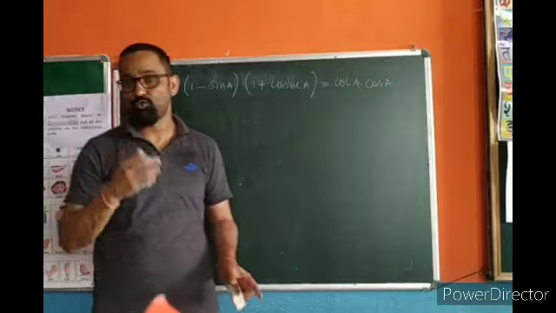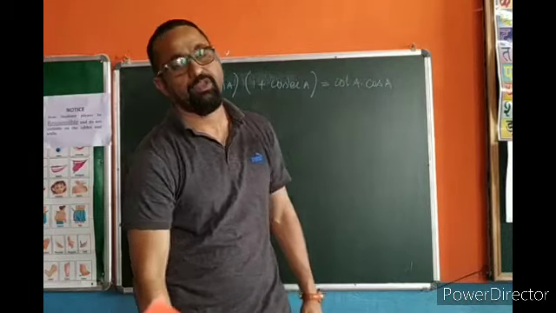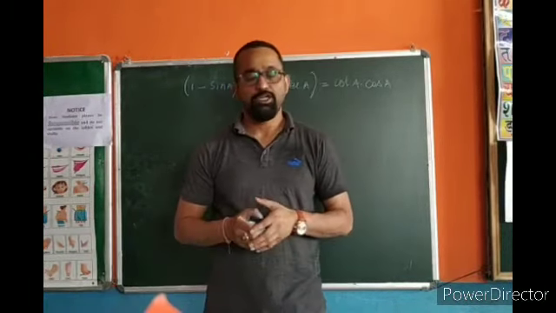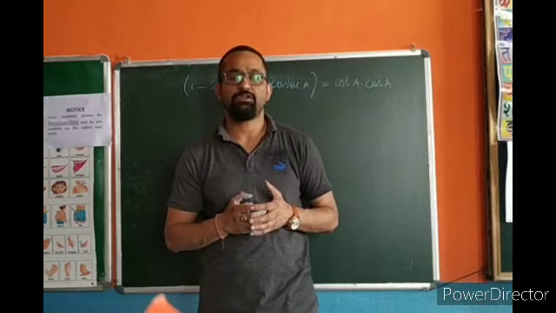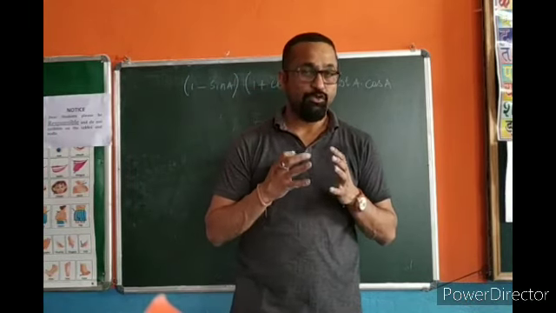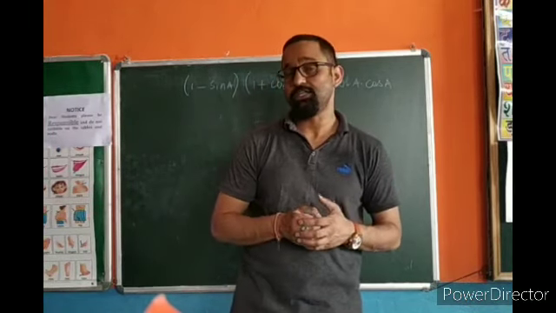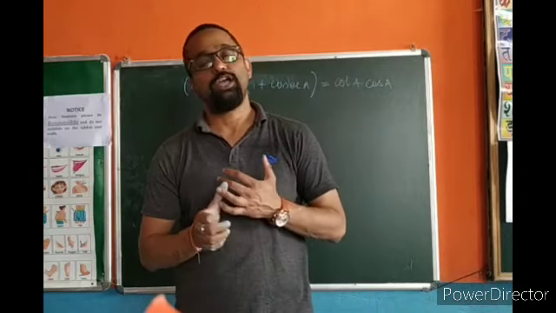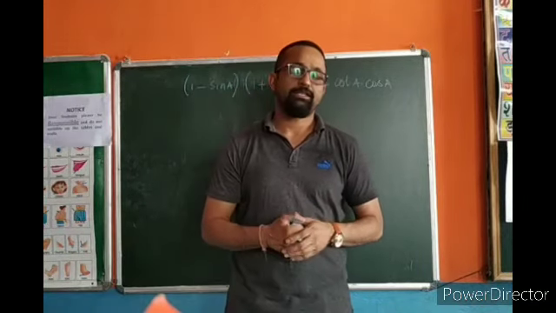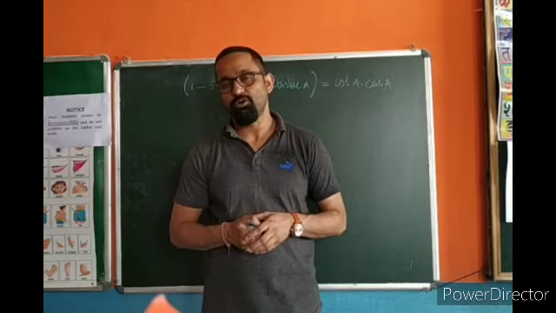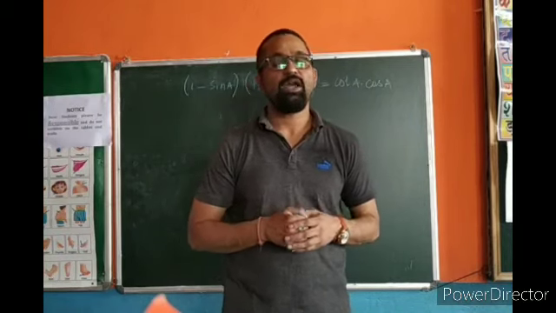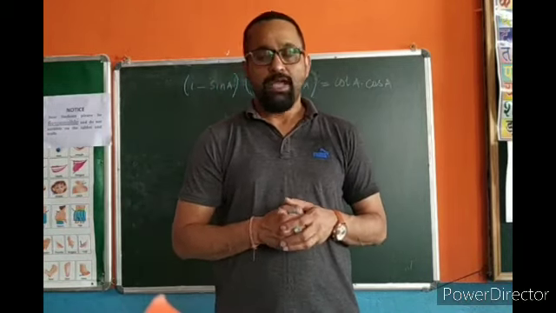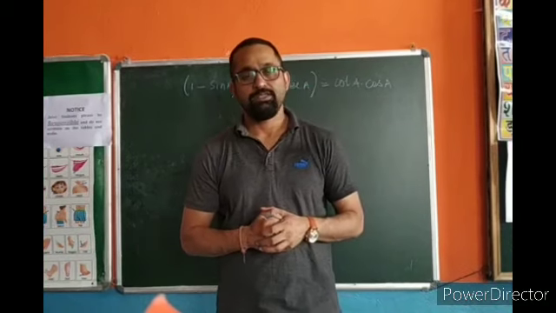I have given you 2 sums as homework. It's an important exercise in this chapter and you need to apply the identities, the formulae which I gave. Formulas are there in the book also, you can refer to the book. Please memorize it. Thank you very much. Stay safe.